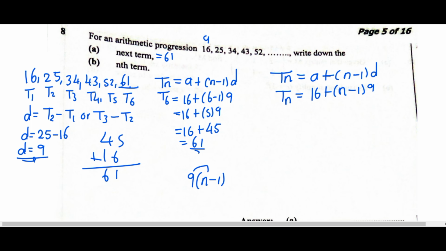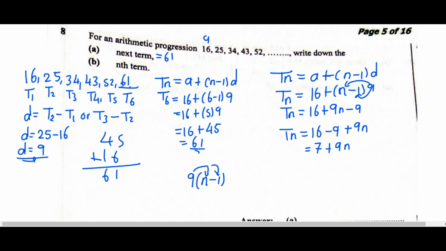So 9 multiplies with n, and also with negative 1. So Tn is equal to 16 plus 9n minus 9. If we collect the like terms, 16 minus 9 is 7, plus 9n. So this is our nth term.